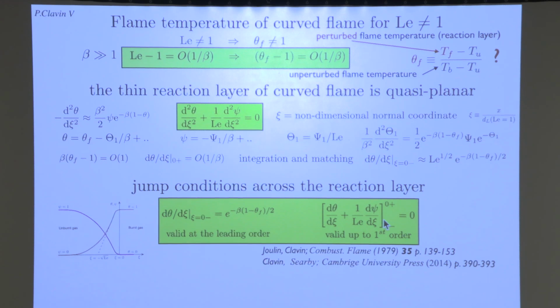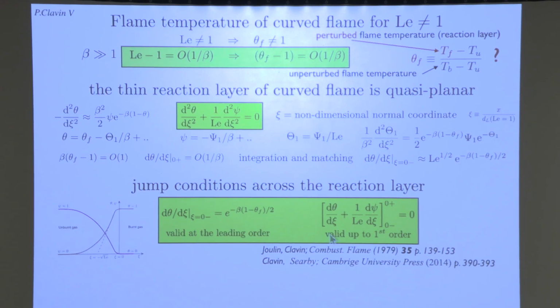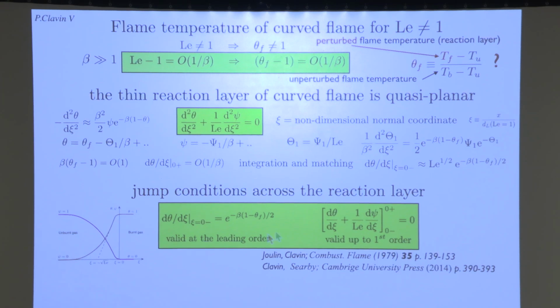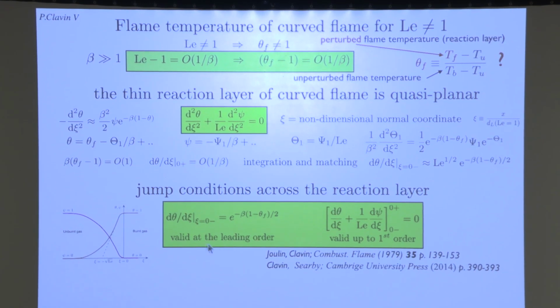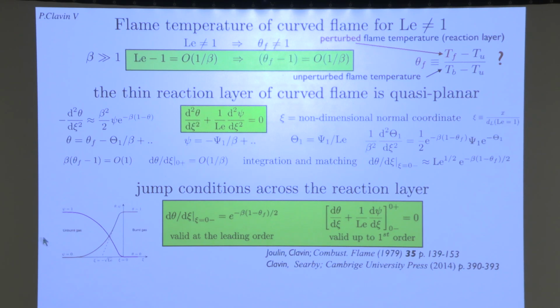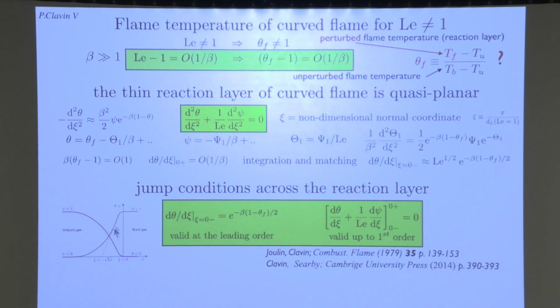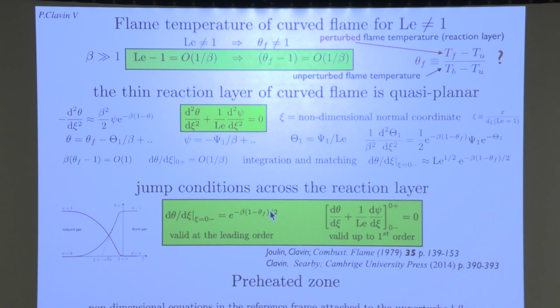What we did was to show that in the asymptotic analysis, you have two jumps. The first jump was known already. This jump here is a slope that will depend on the flame temperature. This is related to the flame speed.